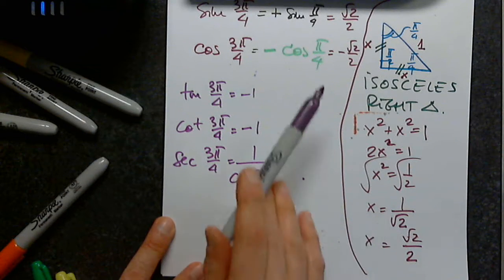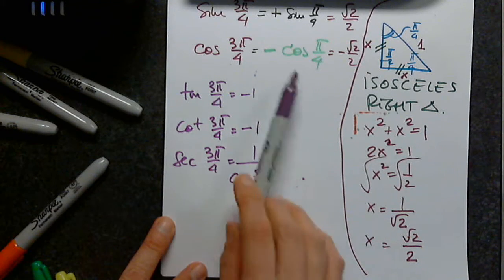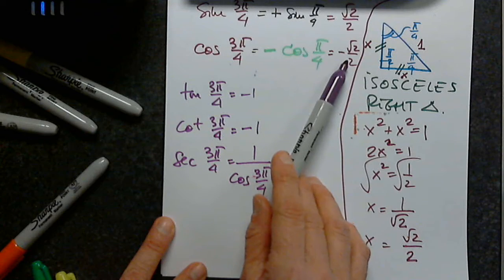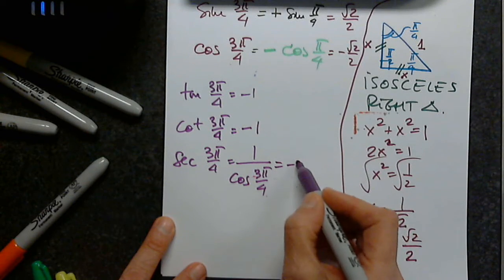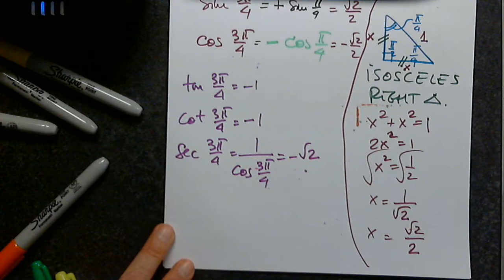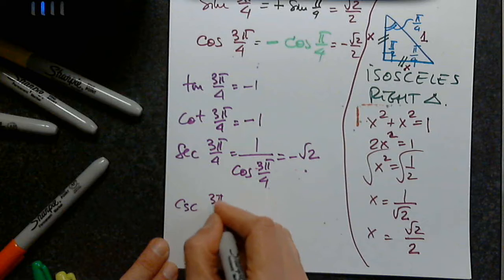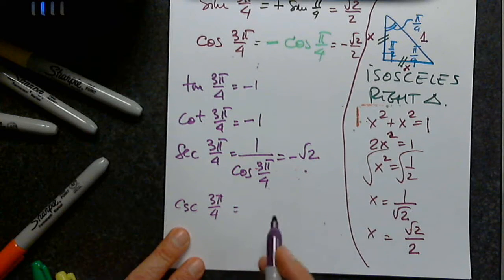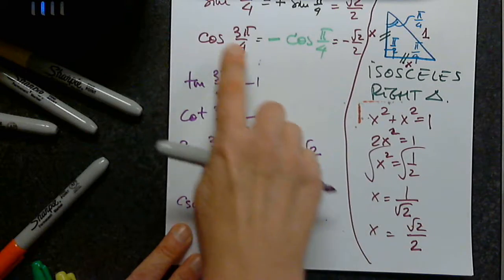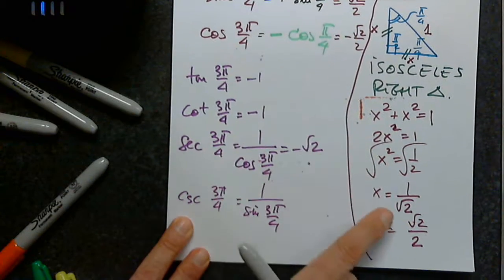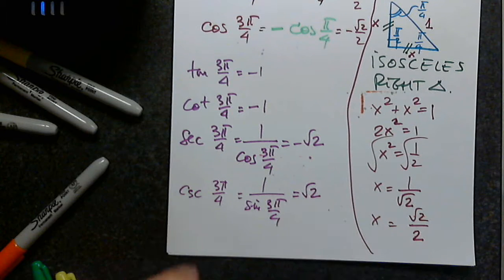If I flip this, I have 1 over cosine 3π/4, which is this, but I would like to use this. So I can flip it, negative the square root of 2. And cosecant 3π/4 is 1 over sine 3π/4, and I prefer this one. So I can flip it, and I get the square root of 2.